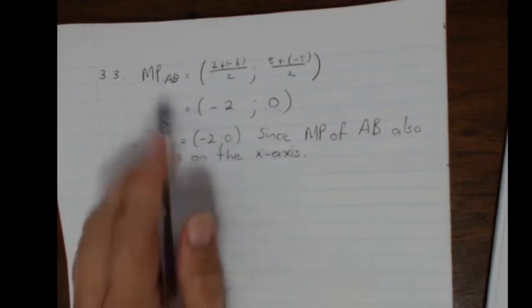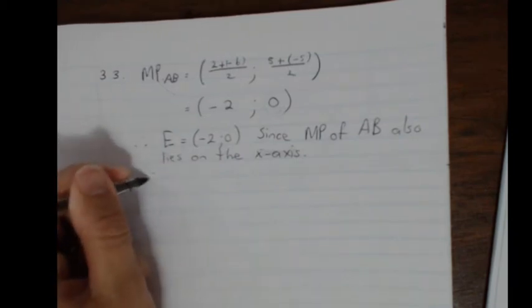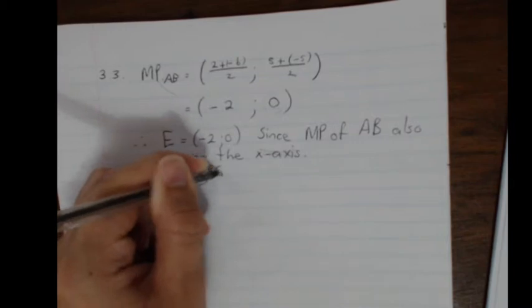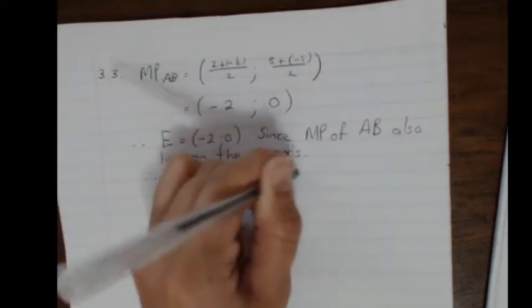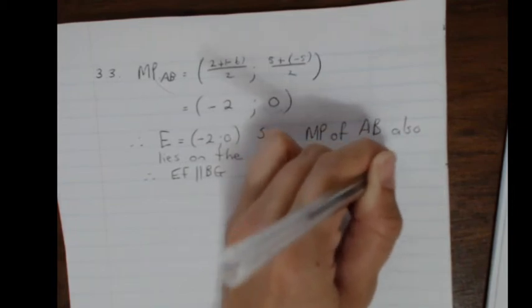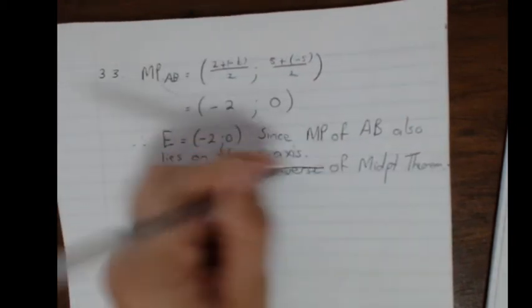So E is the midpoint of AB is what I've basically shown here. And that means that EF is parallel to BG by the midpoint theorem. No, this is not the converse of, this is just the midpoint theorem actually.